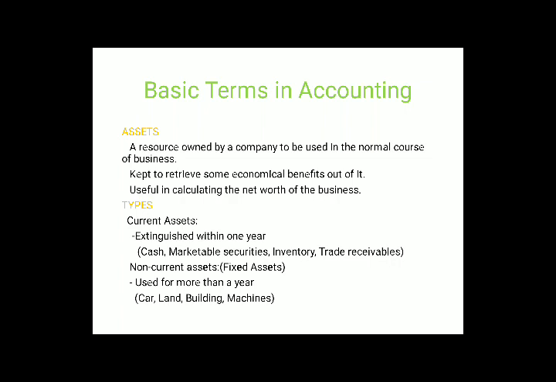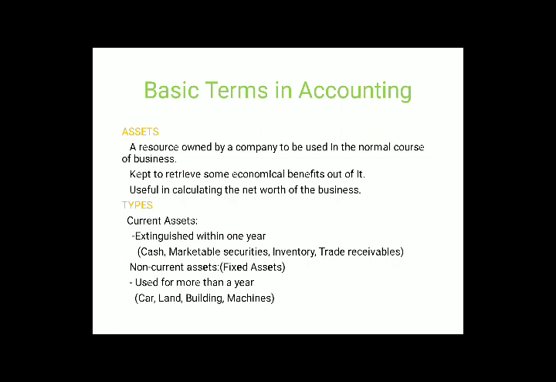The economic benefit would include, if you are keeping an asset such as land, that you can conduct your business on the land. You can use it to build a production unit, an office or something like that. That is an economic benefit. Or if you have a car, that is also an asset. The economic benefit arising out of a car is that you can use the car to transport between two locations.